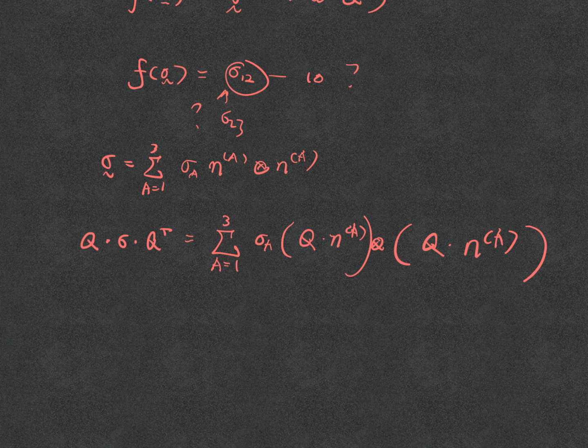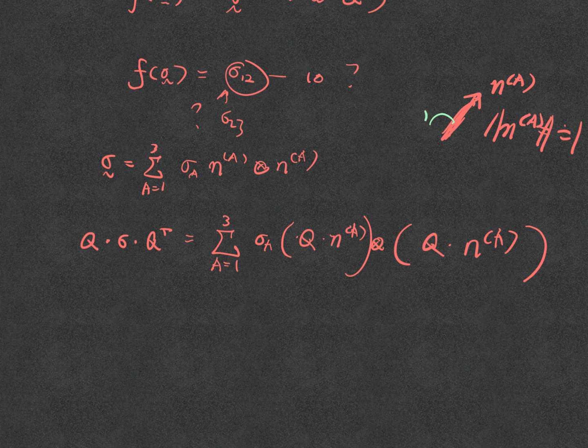Okay, what is Q n_A? N is a unit vector, right? Let's say this is n_A. I project it onto the plane, and n_A has a norm equal to 1. If I take the norm, I get 1, right? So what is the meaning of the rotation times n_A?